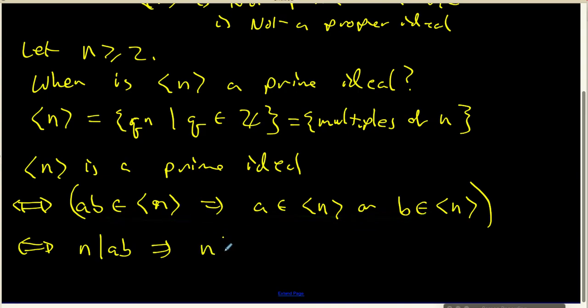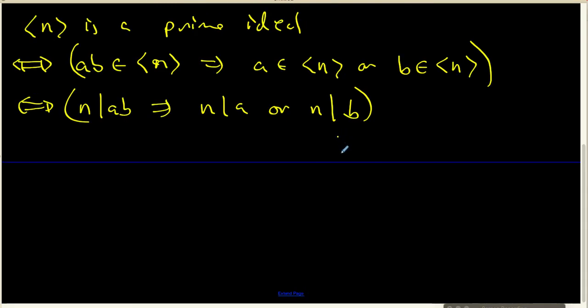implies n divides a, or n divides b. And this particular statement starts to look a lot like some facts from number theory. Facts that we've actually known since about middle school. And I want to kind of box this in as a recall from number theory.